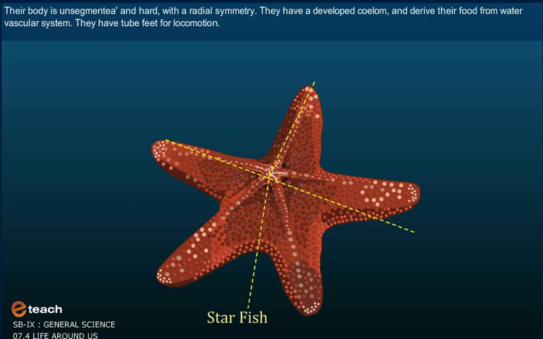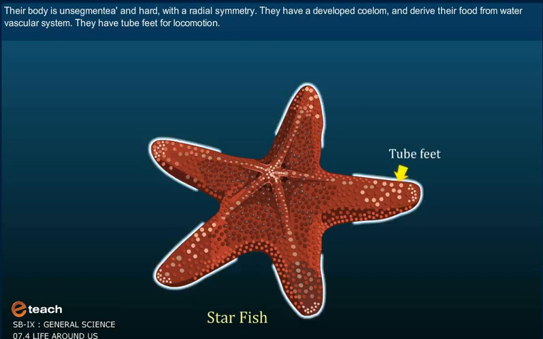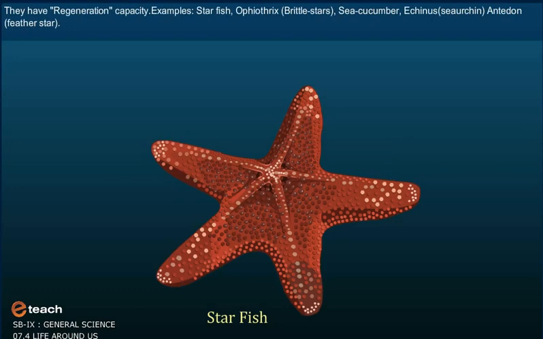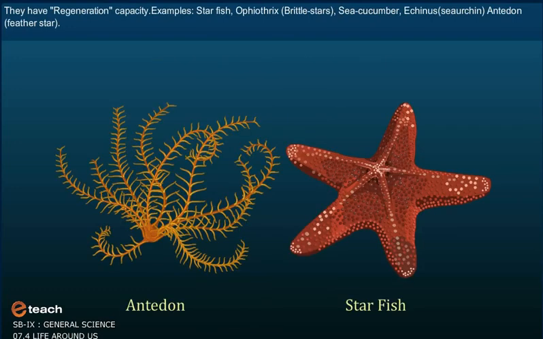They have a developed coelom and derive their food from water vascular system. Have tube feet for locomotion. They have regeneration capacity. Examples: starfish, Ophiothrix, brittle stars, sea cucumber, Echinus, sea urchin, Antedon feather star.